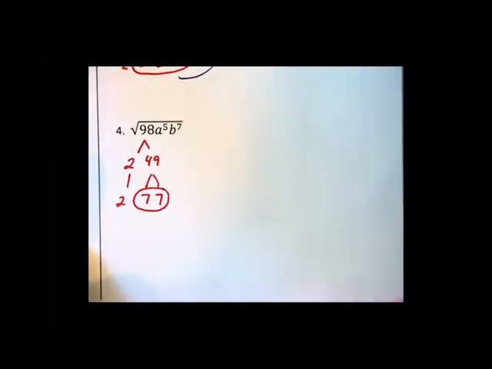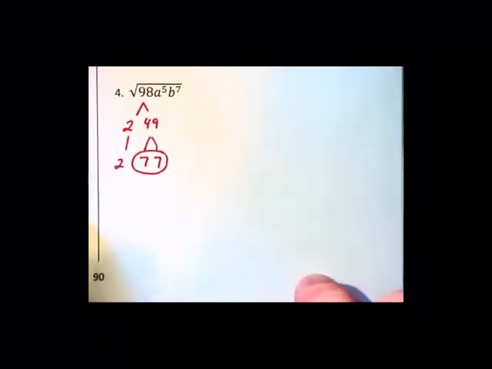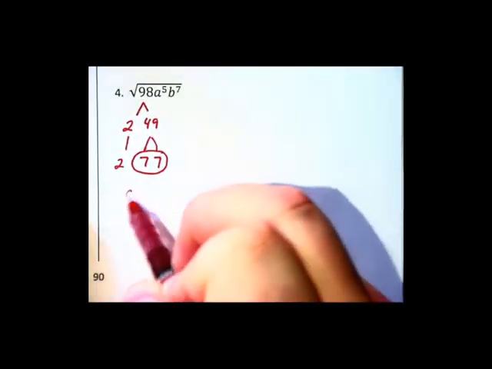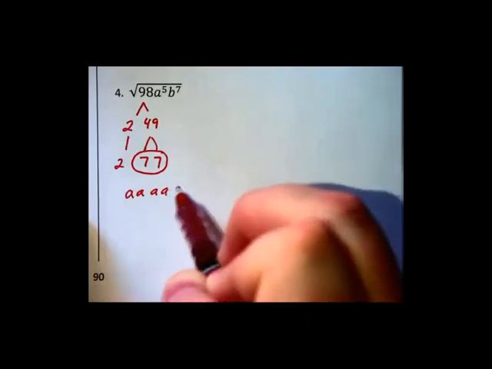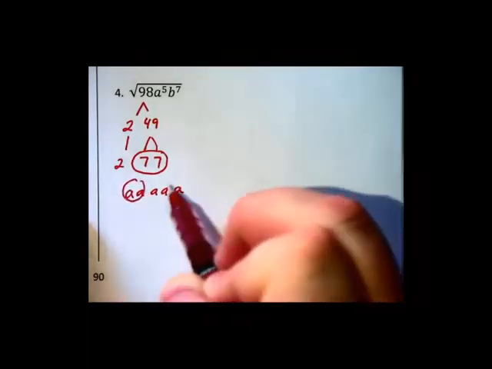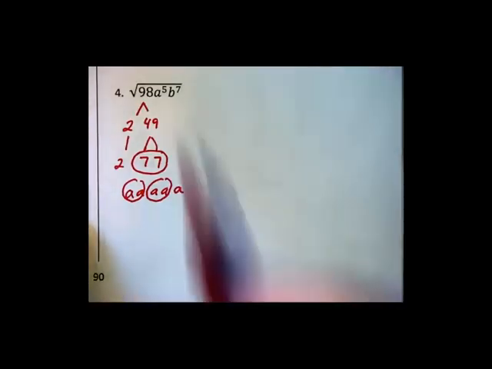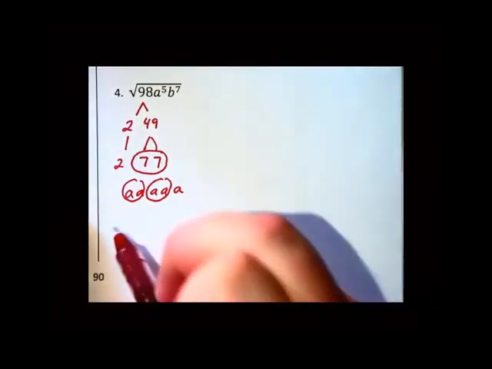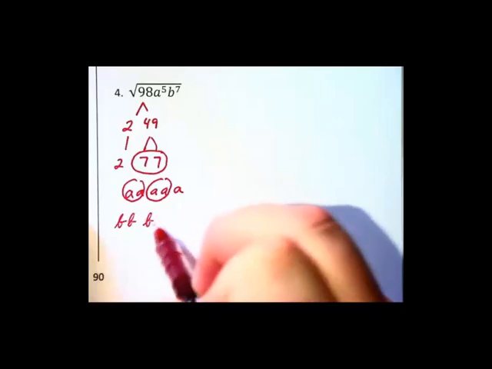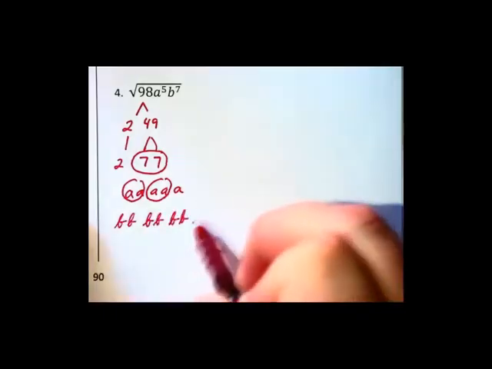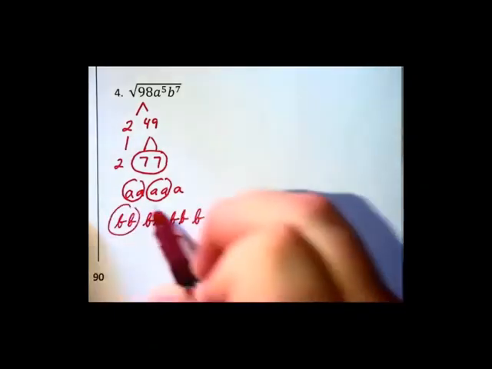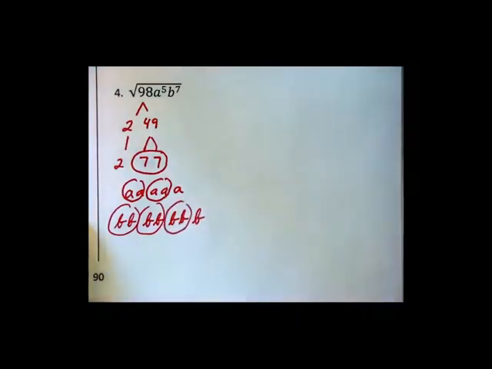Now the long way of doing this is to say, oh, I got 5 A's, A, A, A, A, and I'm looking for pairs like that. It works, but what if that wasn't a 5? And with the B's, B, B, B, B, B, B, B, you can see that I have 3 pairs with 1 left over.